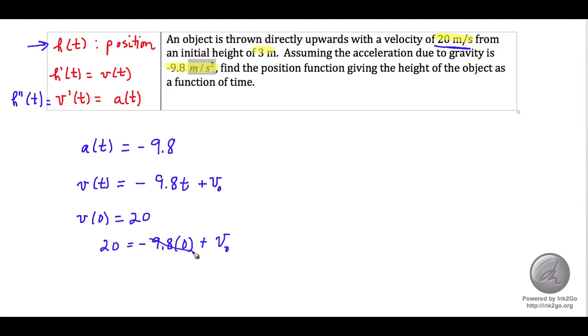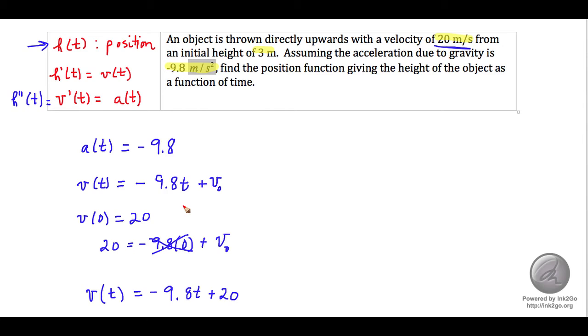Very simply, this goes away and we get that V naught is equal to 20. So our velocity function, v of t, is equal to negative 9.8 t plus 20.